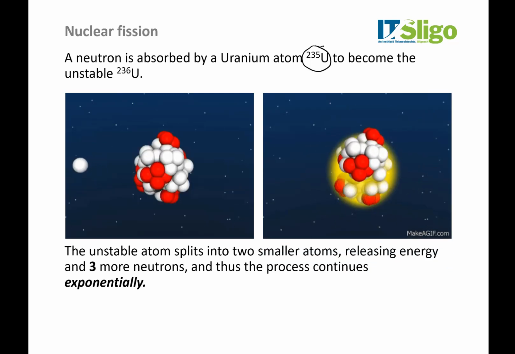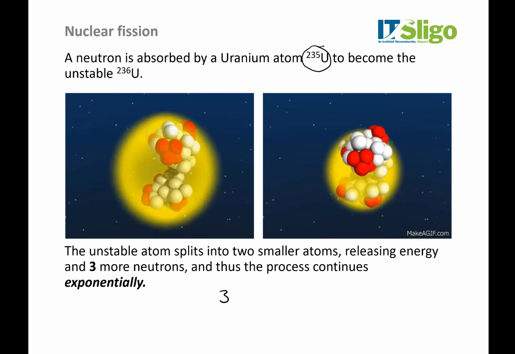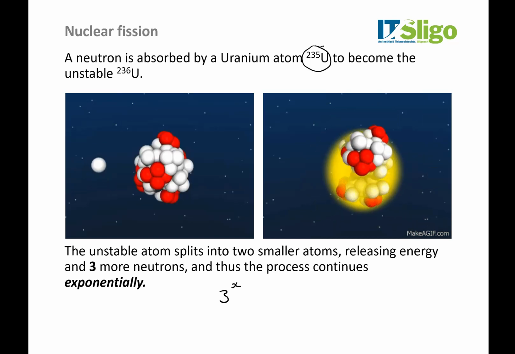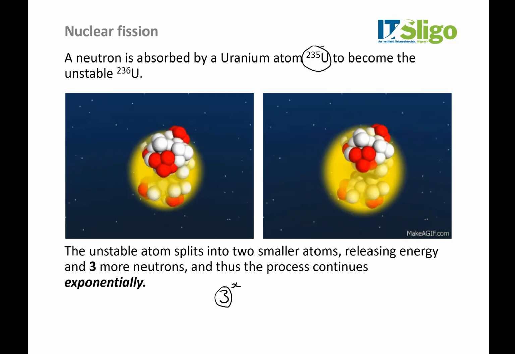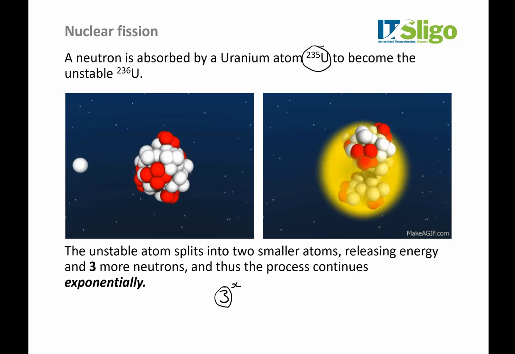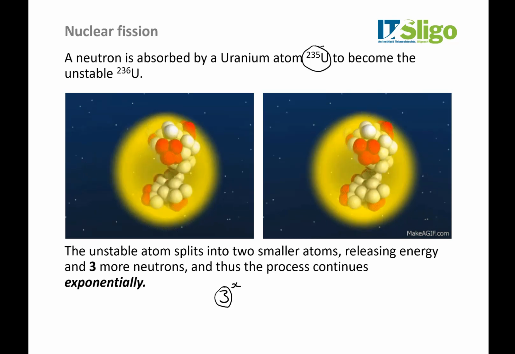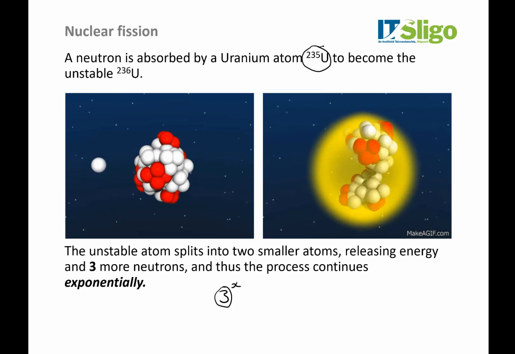And each of these neutrons go on to hit the next uranium atom, and we get this exponential function. So the 3 is because of the number of neutrons that's released. And then either this reaction is controlled, that's what will go on in a nuclear energy reactor, or it's uncontrolled, and that's what will go on in a nuclear bomb.